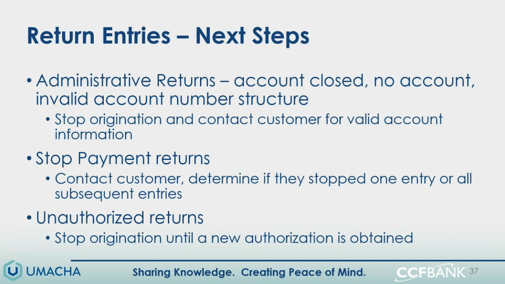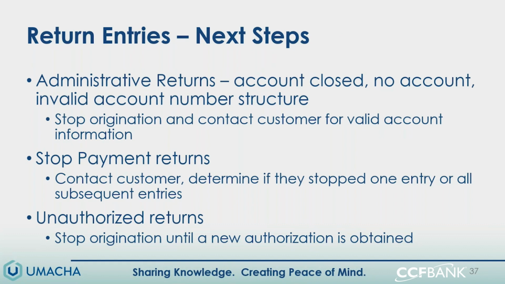If we're talking about a non-consumer receiver, we're still going to want to get a new authorization, but remember, those returns can only come to us under that general return time frame, which is about 2 banking days. So big difference there, again, between that consumer receiver and that non-consumer receiver when it comes to unauthorized entries.